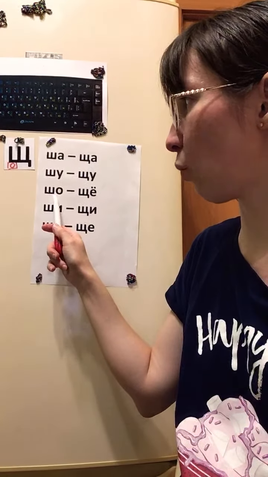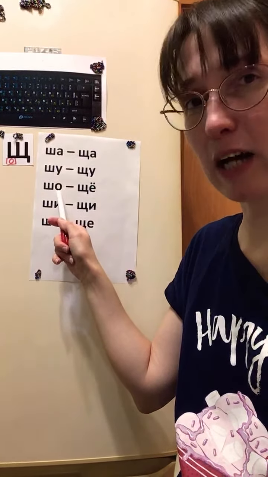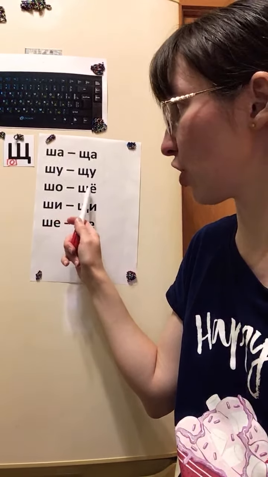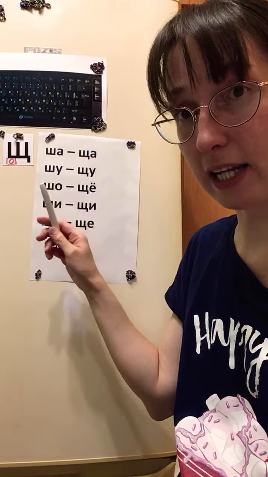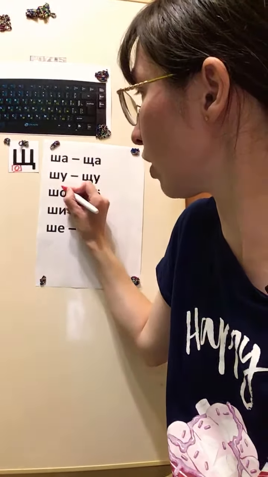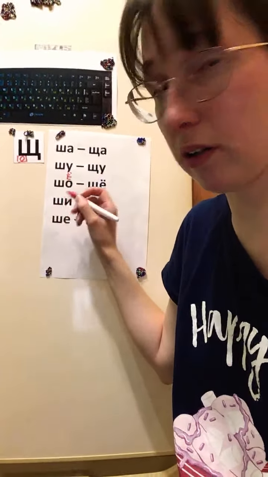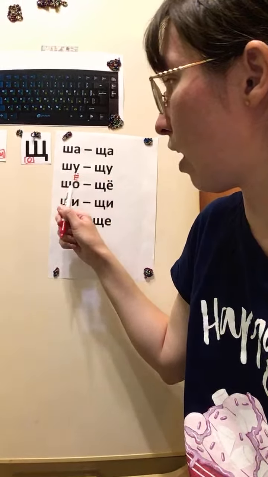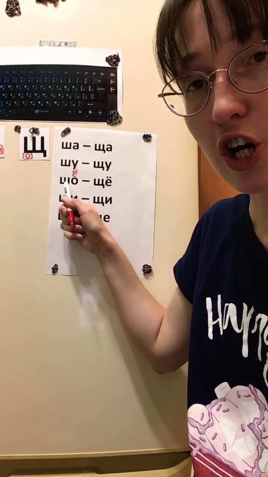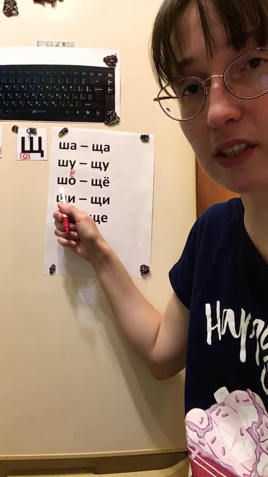Guys, you see that we write this syllable with the letter O, but sometimes we can write it with the letter yo, but anyway we will read it the same. So even if I write a letter yo here, I will read it the same, because sh is always hard.